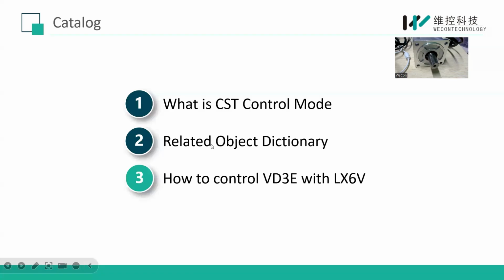After introducing some related object dictionary, I will show you how to use CST control with 6V. Yes, in this training we change back to 6V, and I will show you from the beginning, step by step, the 6V configuration.